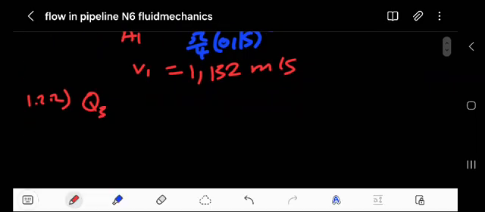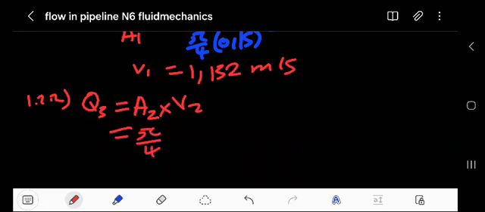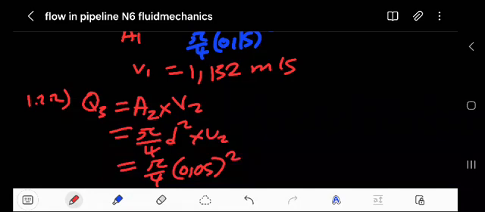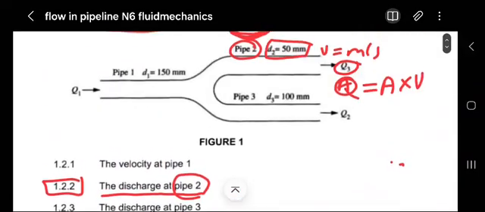This is Q3, simply equal to area 2 multiplied by V2, where the area is pi over 4 d squared. The diameter is 50, so 0.05 squared, multiplied by the velocity 3.